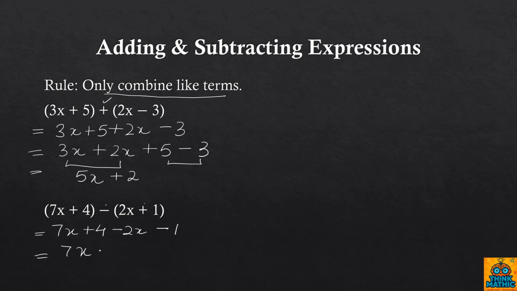So it is 7x minus 2x plus 4 minus 1. Now here 7x and minus 2x become 5x. 4 minus 1 will become 3. 5x plus 3 is my answer. Isn't it so easy to do the addition and subtraction of expressions?